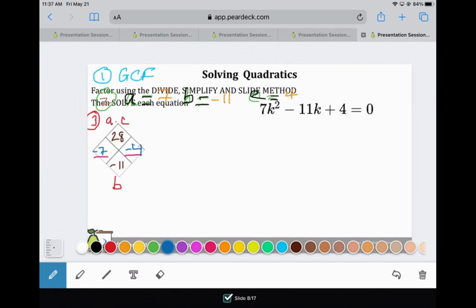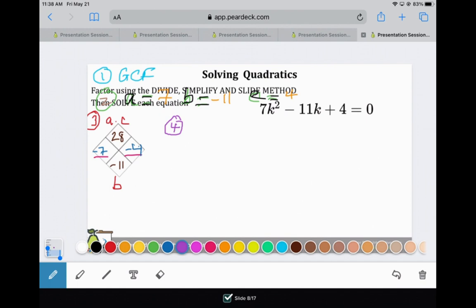Are we okay with step 3? Let me know. Yes, when you multiply the negative 7 and negative 4, negative times negative, that gives you 28, yes.